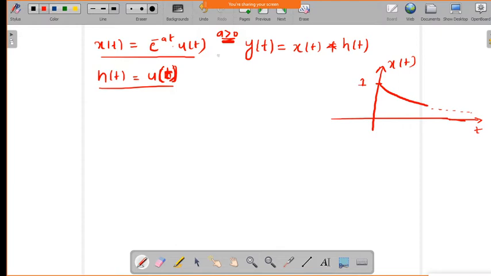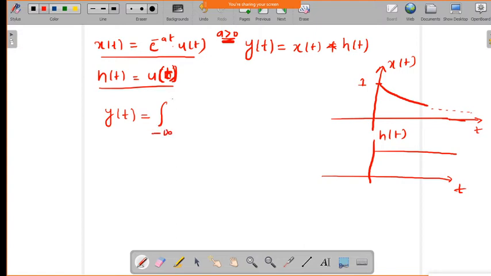So now if you consider x of t as the input signal, and you take h of t, you already know that is u of t, the unit step function, which is given like this. So now we know the expression for the convolution integral: y of t is the integral from minus infinity to plus infinity of x of tau into h of t minus tau d tau.